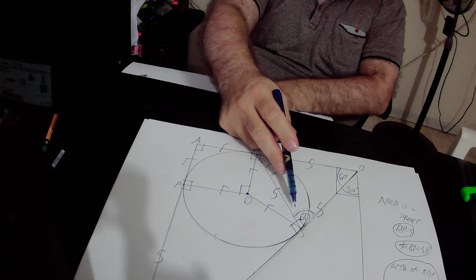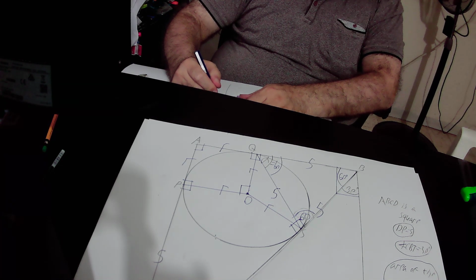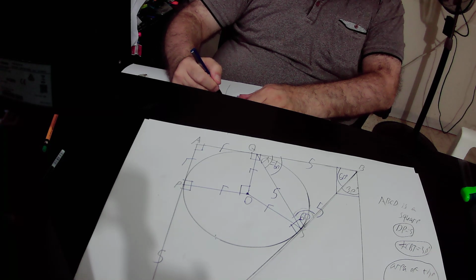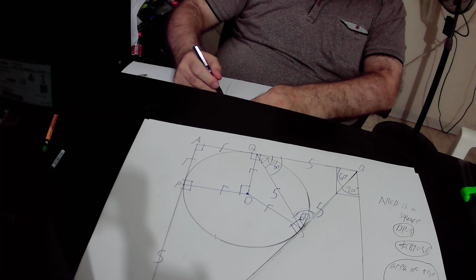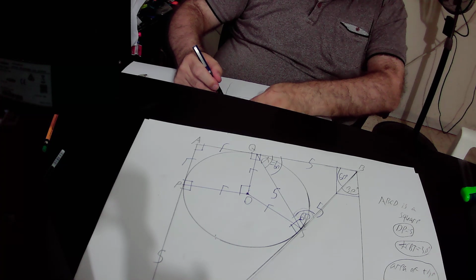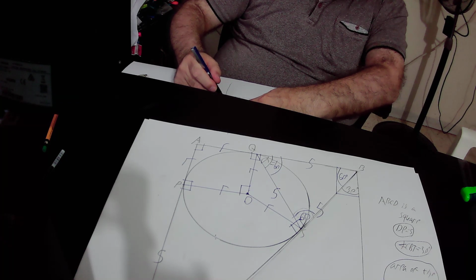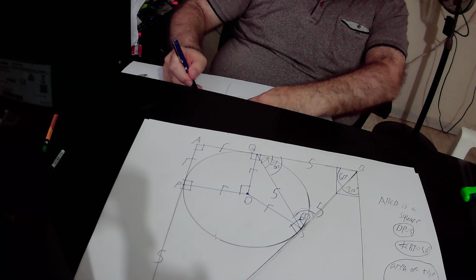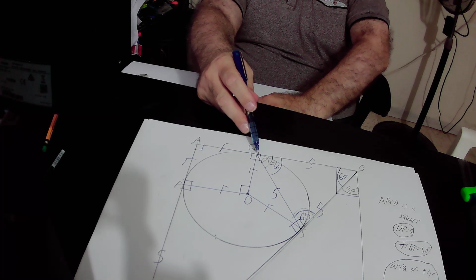this angle equals 90 degrees. This angle equals 60 degrees. And finally, this angle equals 90 degrees according to rule number 1.